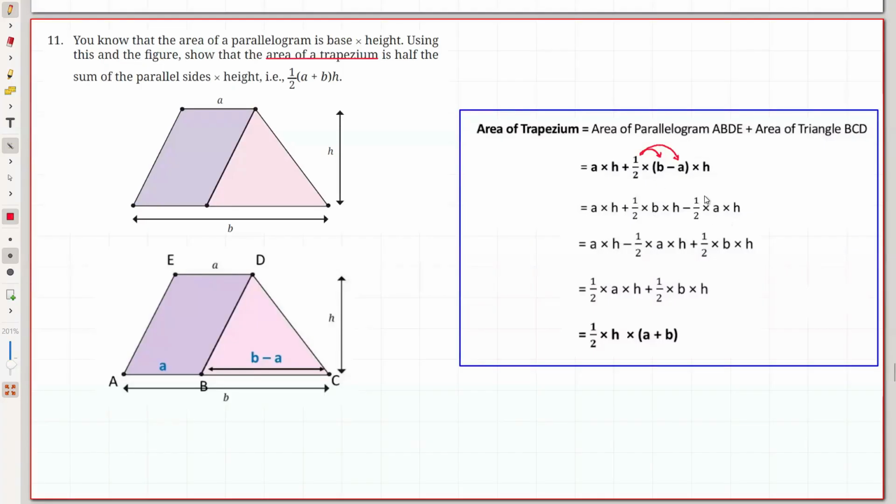Next, rearrange. Here I have an ah term, and here also an ah term, so I am arranging them together.